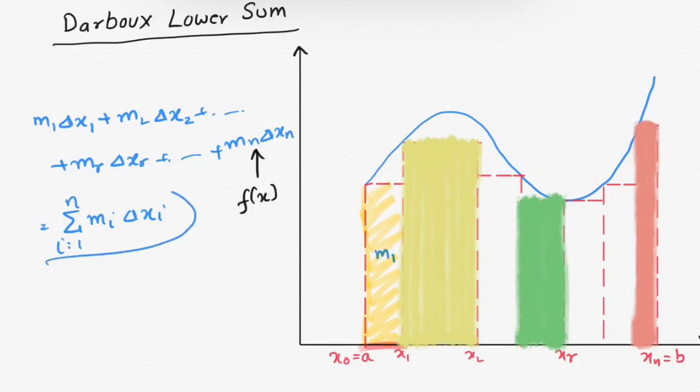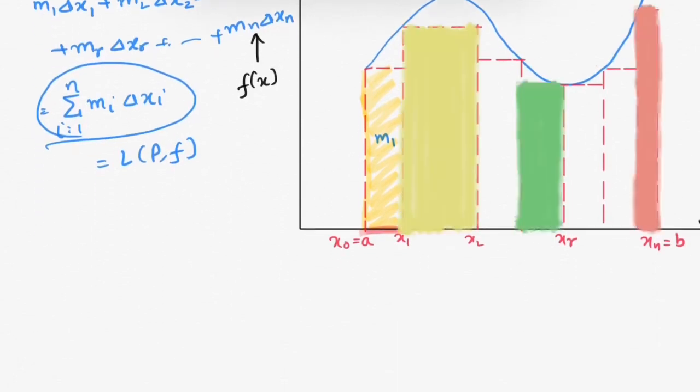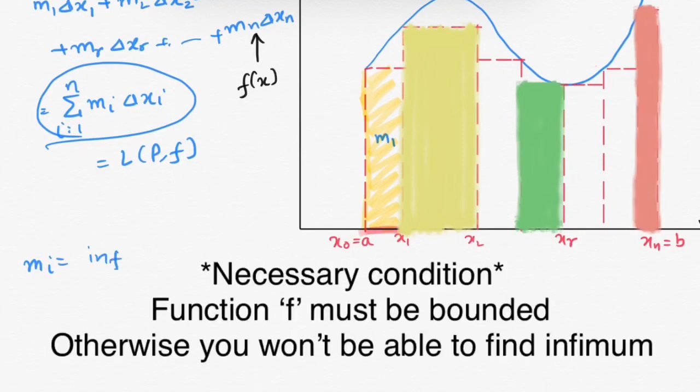This sum is known as the Darboux lower sum, and it is denoted by L(P, f). Here small mi is the infimum of the function f(x) in the ith subinterval.